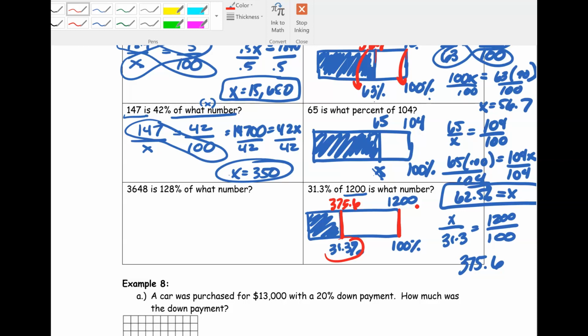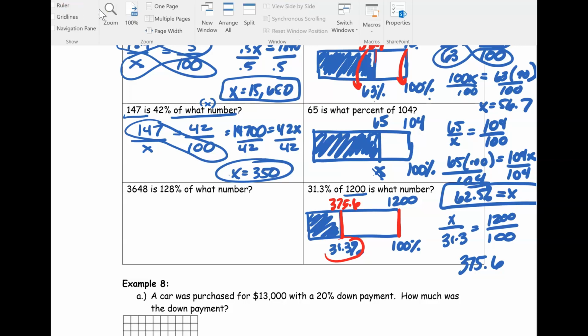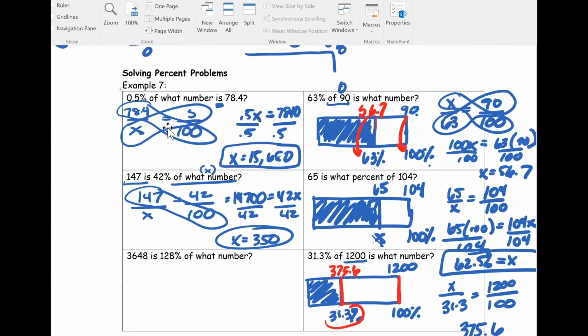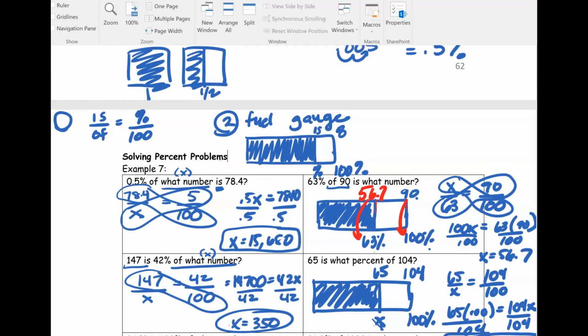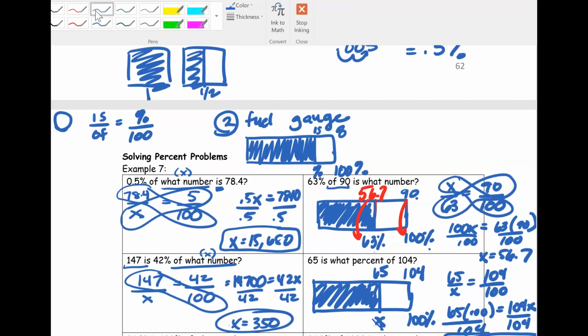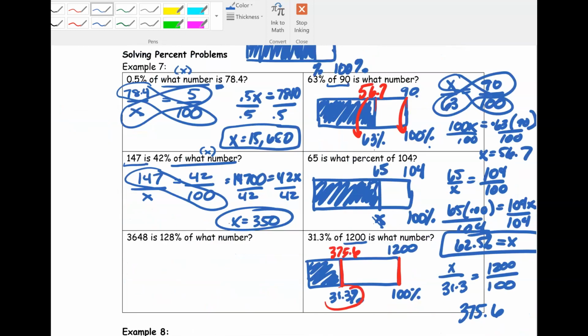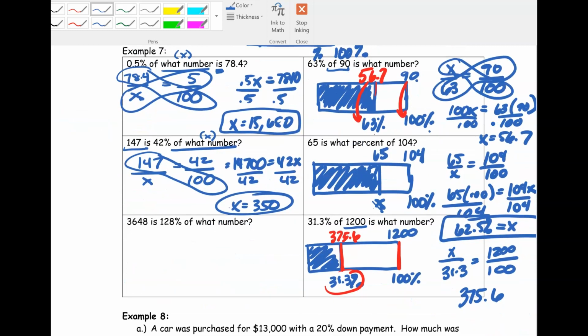And then I'm just going to show you one other method. Just scrolling up at the top here, I wrote my two methods. Method 3, and I'm not going to put a whole lot of emphasis on this only because in elementary school you don't spend a whole lot of time writing equations, and students will get a lot more practice in algebra doing that. But you can write an equation for these also. So let's do that with the very last one. So is in math oftentimes means equals, and of means times.